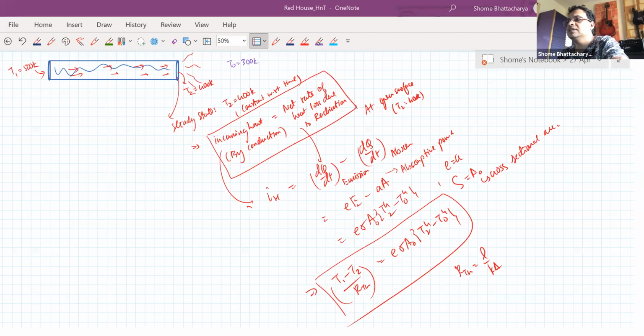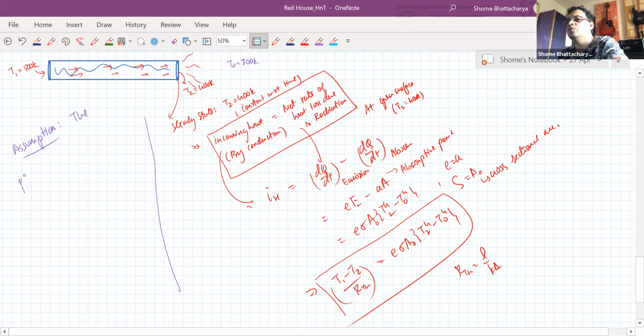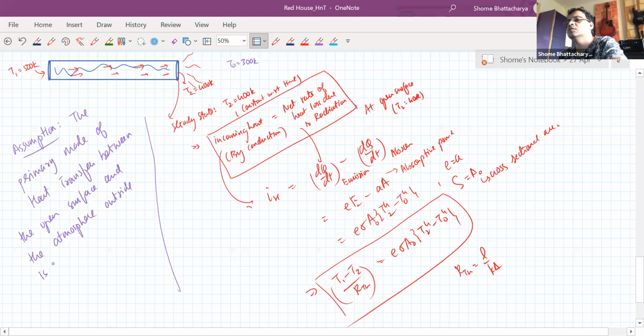Now, actually, in this question, there is an assumption that we are making. The assumption is that the primary mode of heat transfer between the open surface and the atmosphere outside is by radiation.